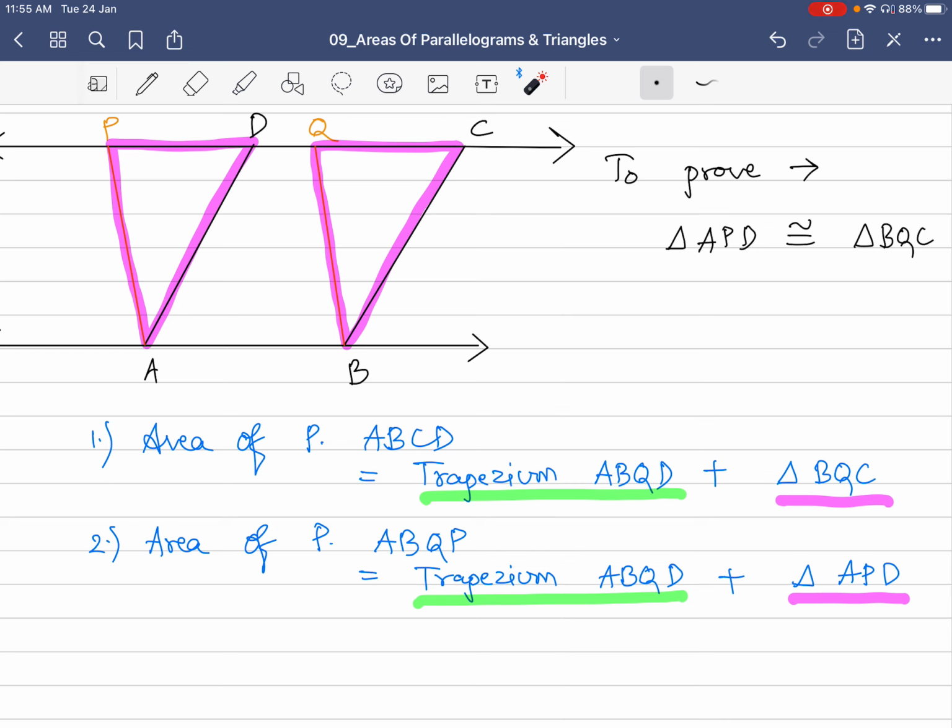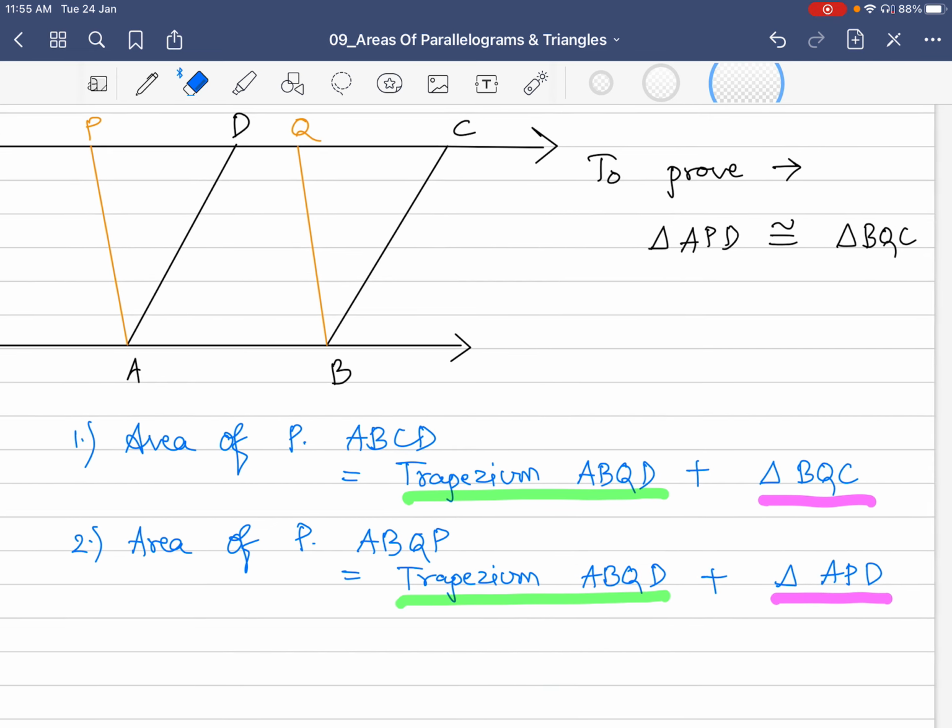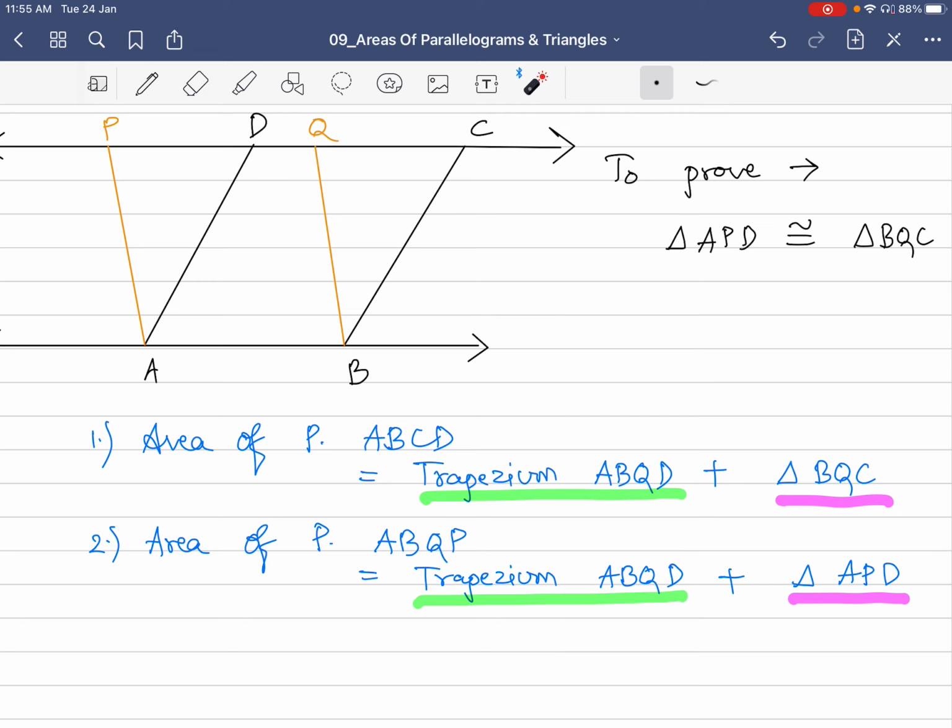Okay. First of all, let's remove this highlighted thing because we are going to need it now. And let us try to prove that this triangle is congruent to this triangle. So what I'm going to do is make space.